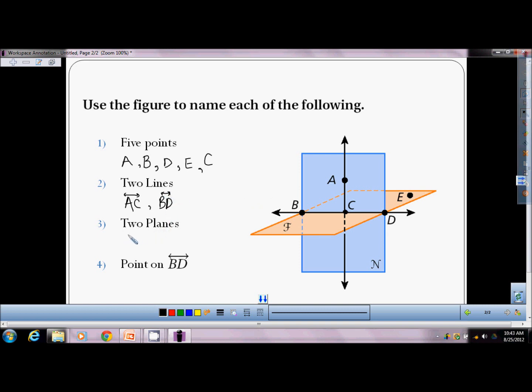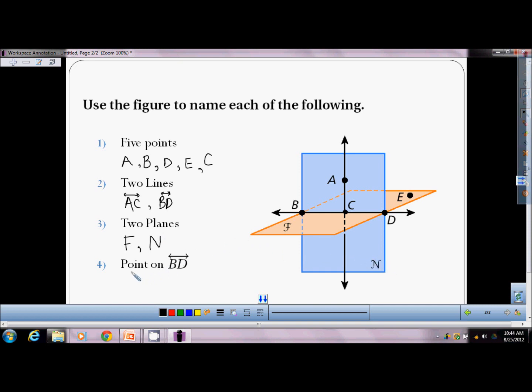Number 3, 2 planes. We have 2 planes. There's this blue plane and then there's the peach looking plane. If you notice in the corner of each plane there's a fancy written letter. That is how they name each plane. So this plane right here is called plane F, and the blue plane is called plane N. N is down here.